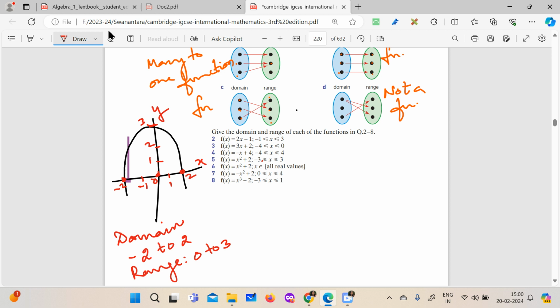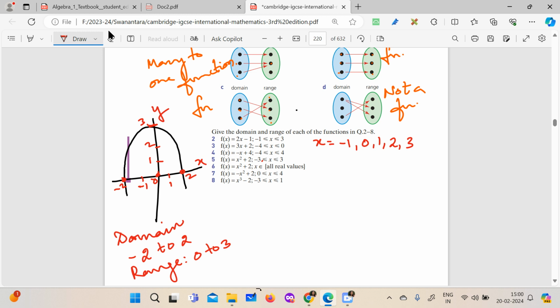Here you can see x is written as x greater than or equal to minus 1, so x includes minus 1 and goes until it is less than or equal to 3. So the values of x will be minus 1, 0, 1, 2, and 3.